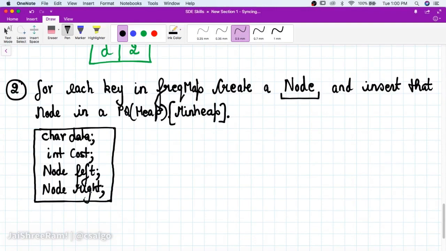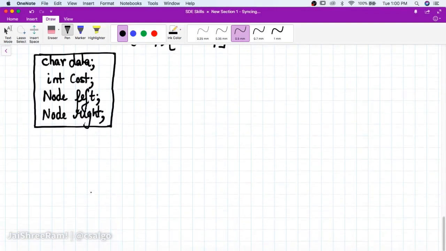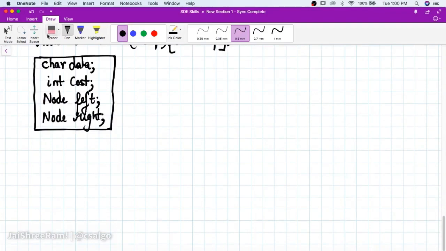Okay. Now let's say I have built a heap with this thing, filled all the keys. Now my heap will contain four nodes.